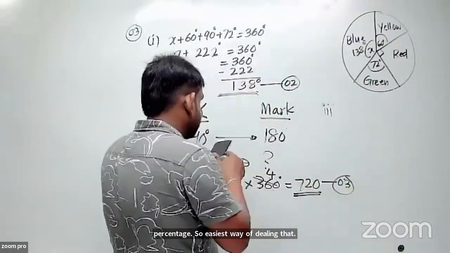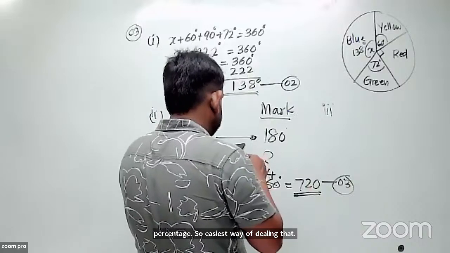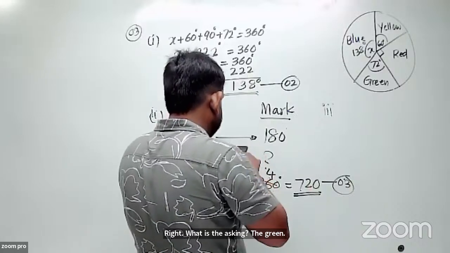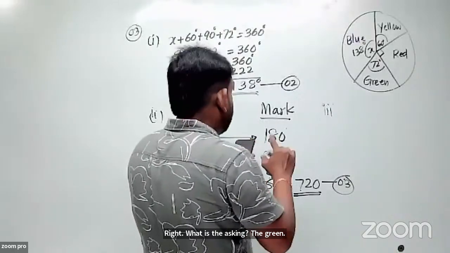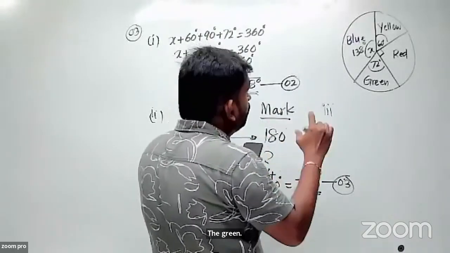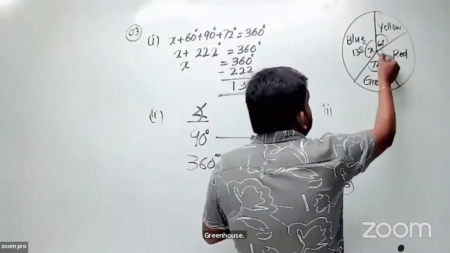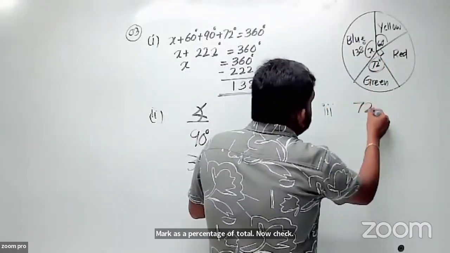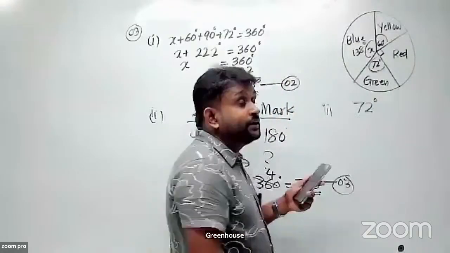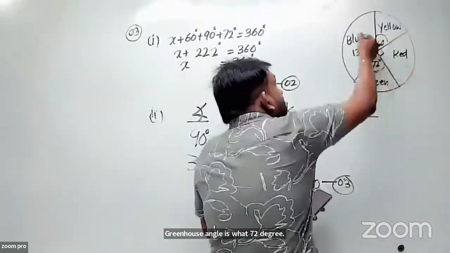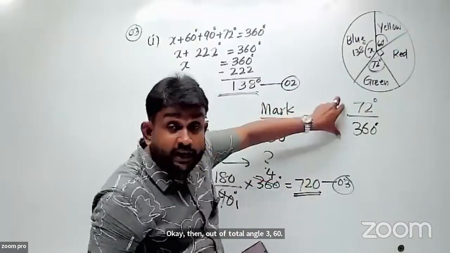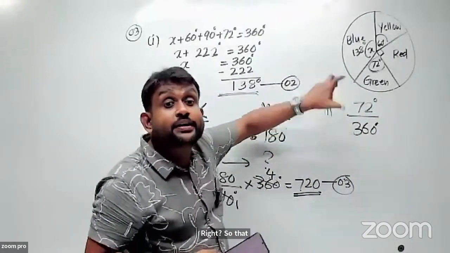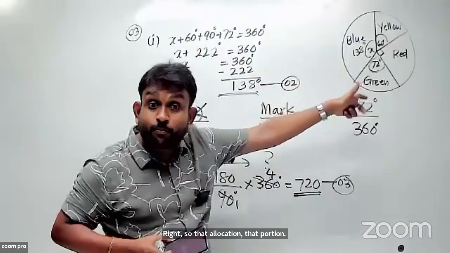The green house mark as a percentage of total. Now check, the green house angle is what? 72 degrees, out of total angle 360. So that allocation, that portion, is the angle portion, sorry, is the mark portion.